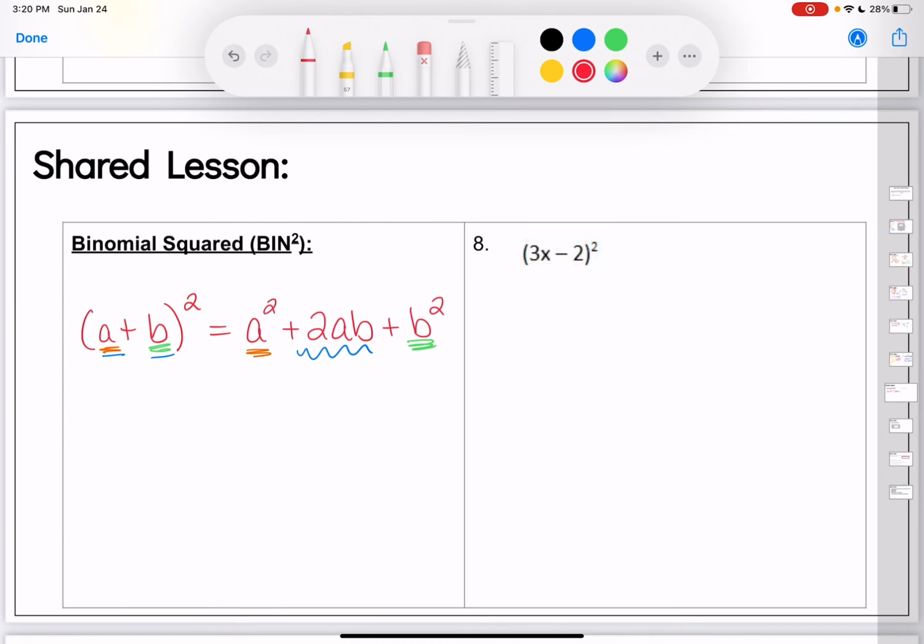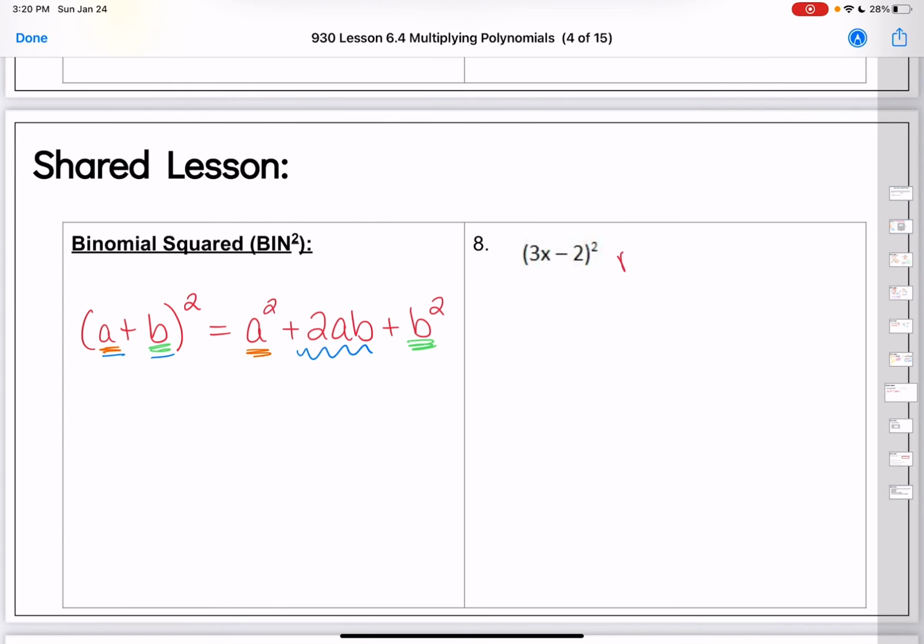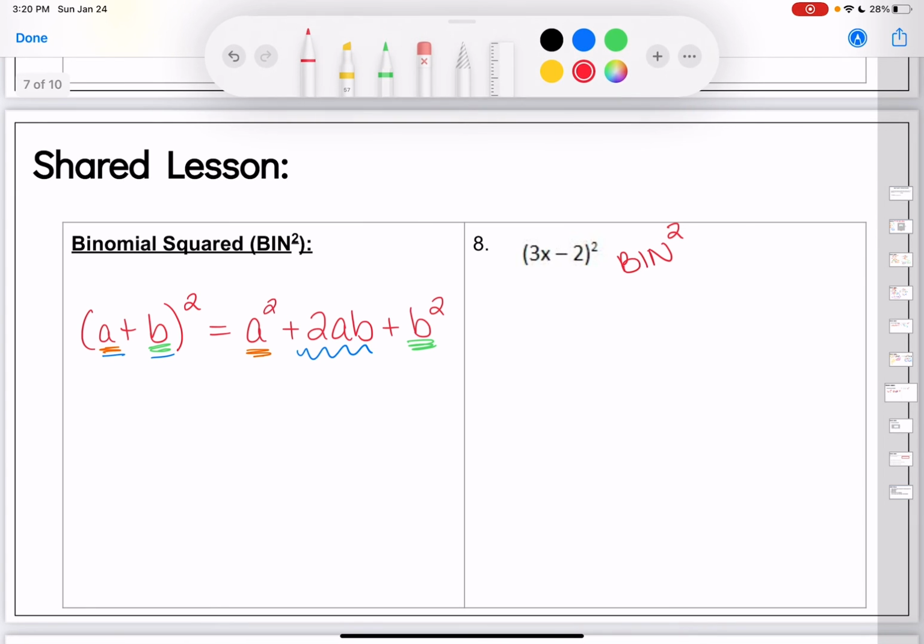So I see that clearly I have a binomial squared here, right? So to use my shortcut, I don't have to write all the multiplying out. I don't have to rewrite 3x minus 2 times 3x minus 2. I'm going to take my first term and square it. 3x in parentheses squared is 9x squared, right?